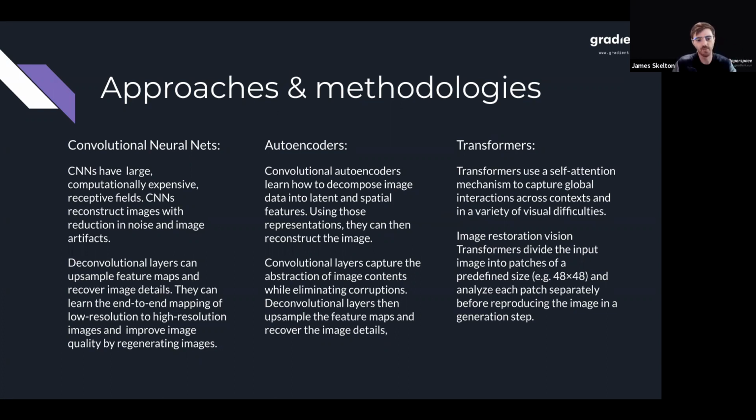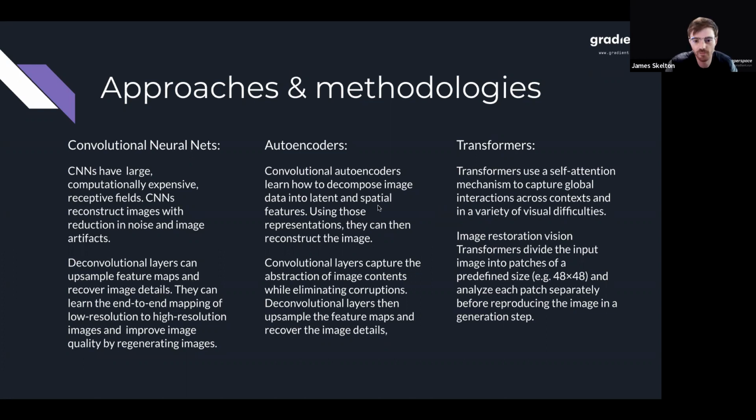CNNs are then capable of reconstructing the images with reduction in noise and image artifacts specifically, or most effectively, I should say. And they can basically go from fine to coarse mapping of the image features to do the generation.